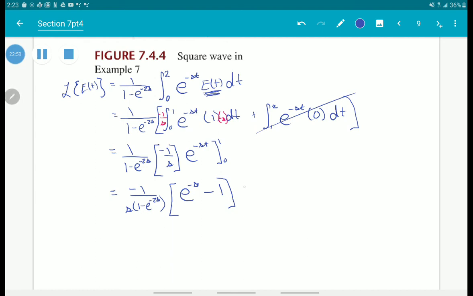So I'm going to do some fancy math here. Let's factor a negative out of that. If we do, we're going to have a 1 minus e to the negative s. Negative times a negative gives us a positive.